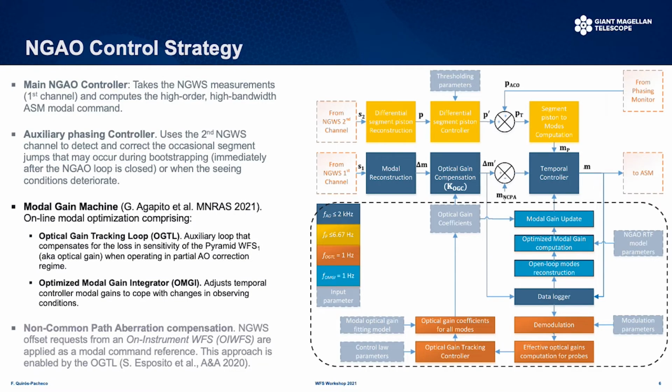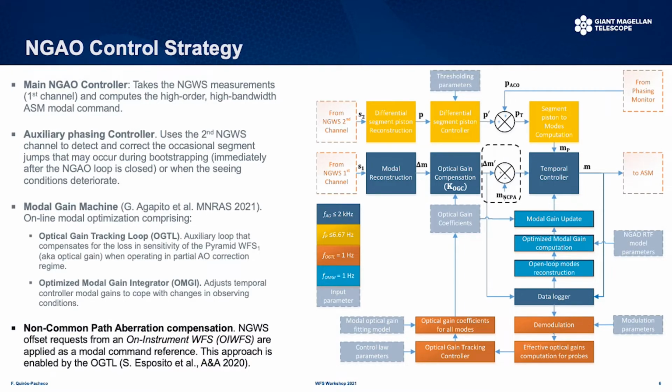We also have the so-called modal gain machine, originally proposed by Guido Agapito and tested at LBT, which is an online modal optimization comprising two simultaneous loops, an optical gain tracking loop and an optimized modal gain integrator. We will be discussing this in the following slides.